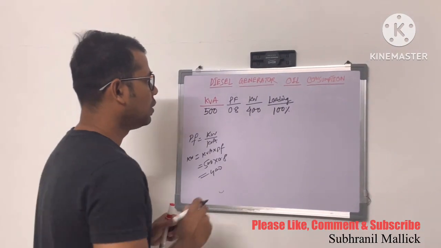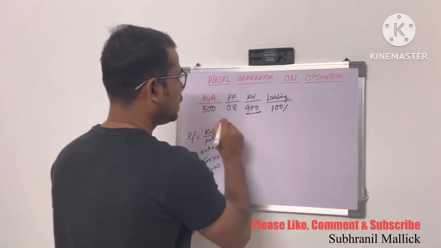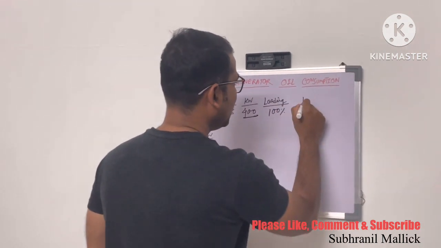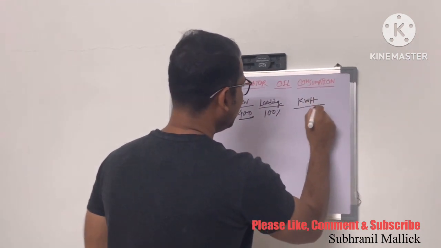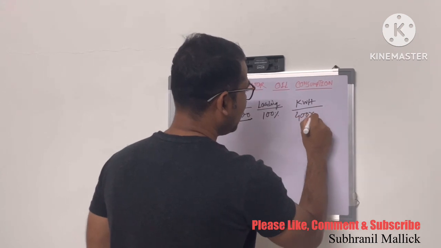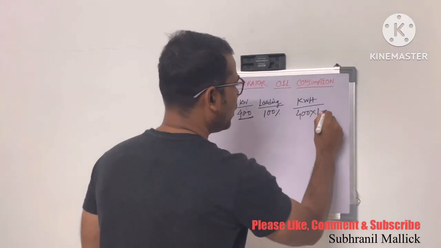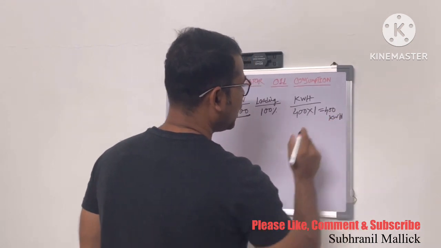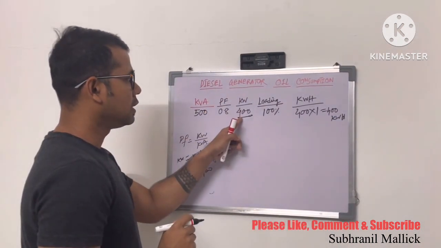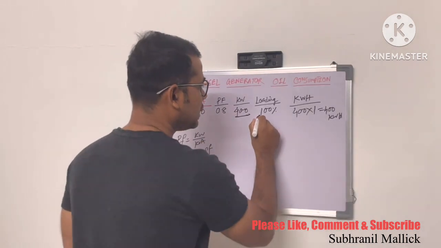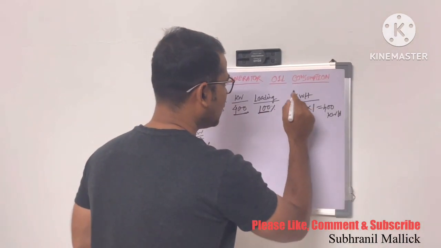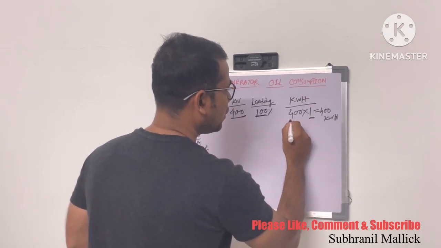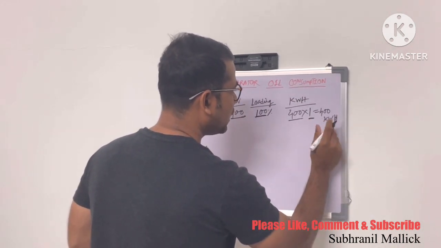If a 400 kilowatt DG at 100% loading runs for 1 hour, then kWh will be 400 into 1, equal to 400 kWh. I repeat, kilowatt is 400, loading condition is 100%, and it runs for 1 hour. So kWh is equal to kilowatt into 1 hour, which is 400 kWh.